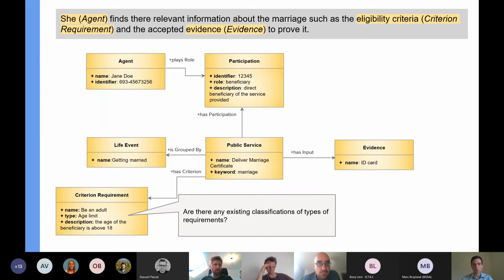Okay. So does everyone agree that we proceed like this for now? Maybe you can type it in the chat. Same here. We don't classify criteria and requirements at this point. This is a whole other universe, and I agree that it can be very useful, but it's a very long way.